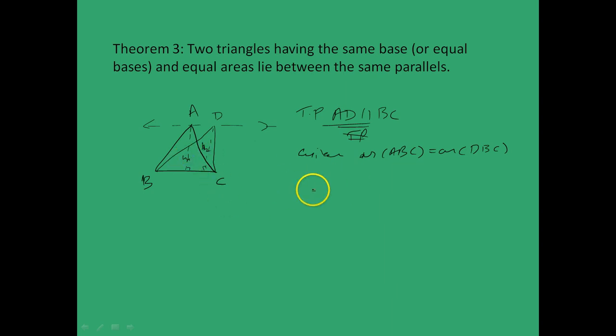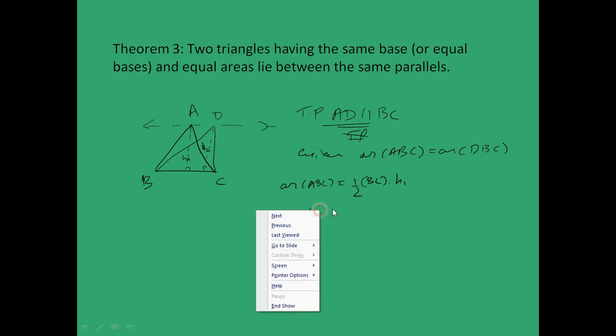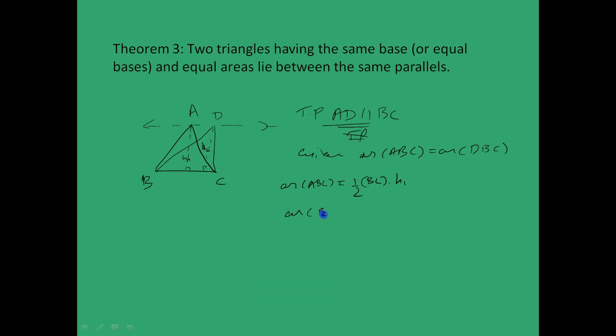So from our earlier lecture we have learned that area of ABC would be equal to half of base, which is BC, into height, the corresponding height, which is H1. Also area of BDC is equal to half of BC into H2, that is again base and corresponding height.